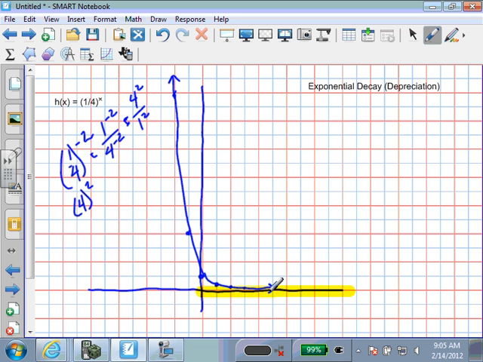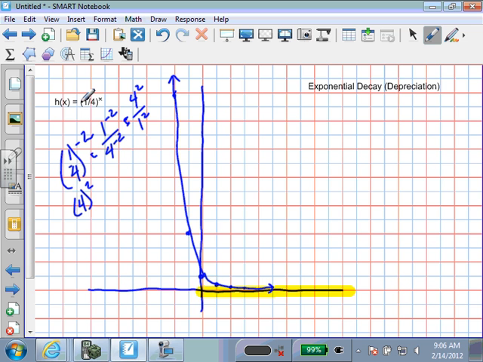So with exponential decay or depreciation, the feel of the graph is that initially there are big losses in value, huge losses in value. But you're losing less every single time, and so you never end up with nothing.